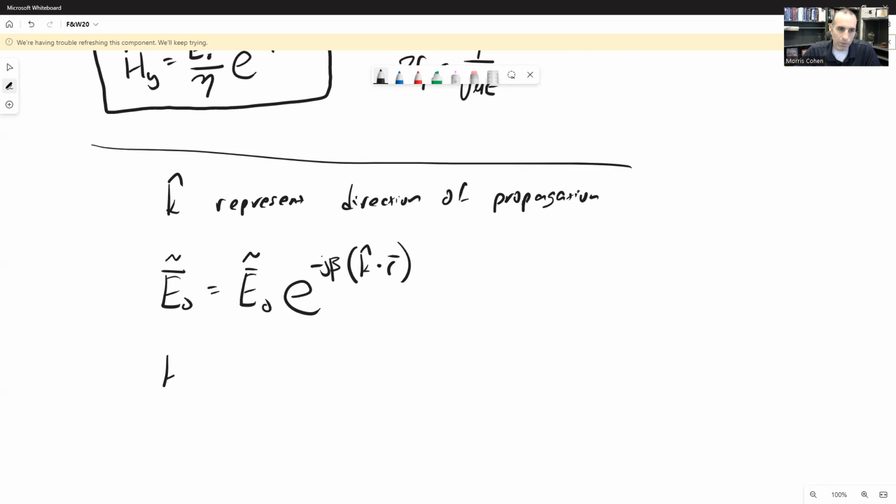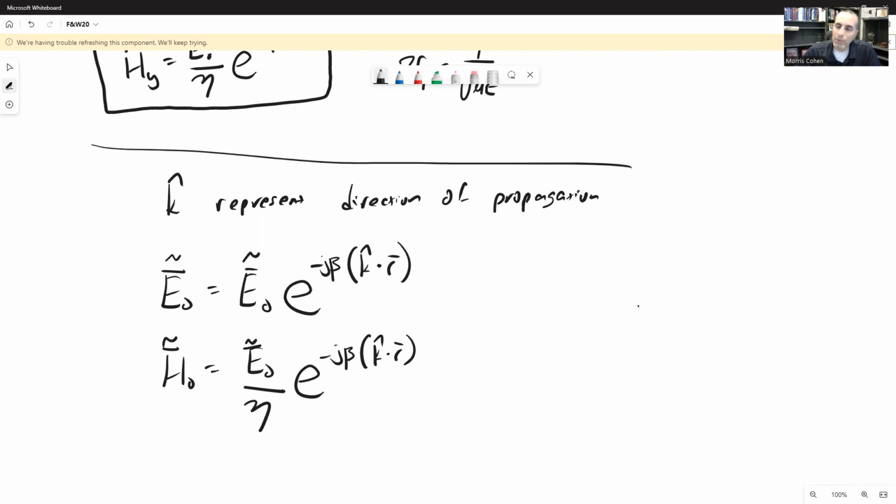And the same can be said for the magnetic field. As a vector in the phasor domain, it will simply equal the electric field phasor at the origin divided by this quantity eta, times the same exponent e to the minus j beta times k hat dot r. R again represents a vector to the place where we are observing the electric field.